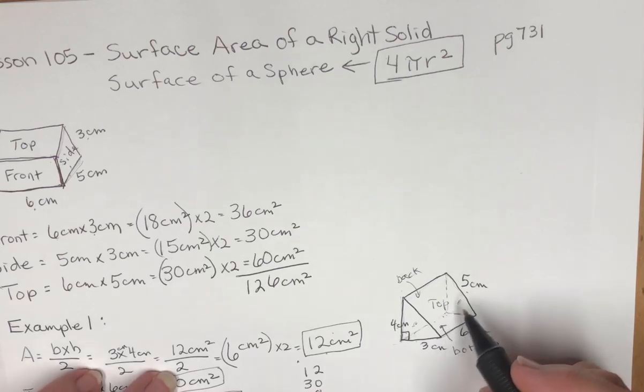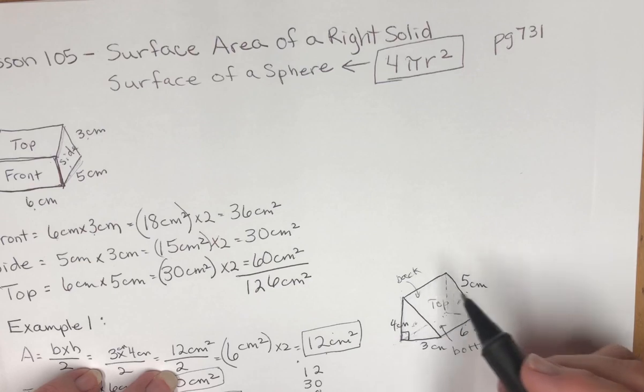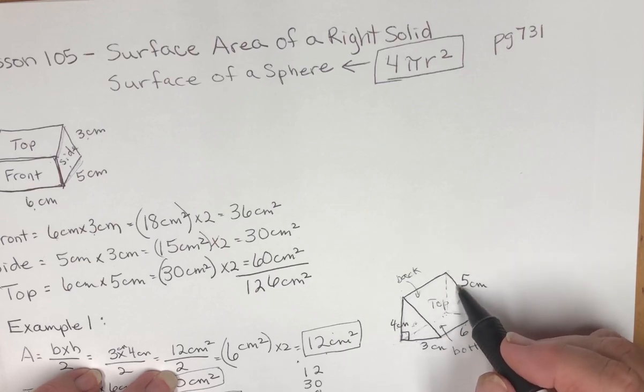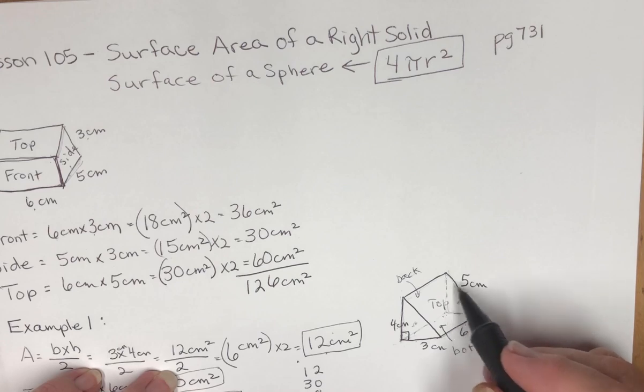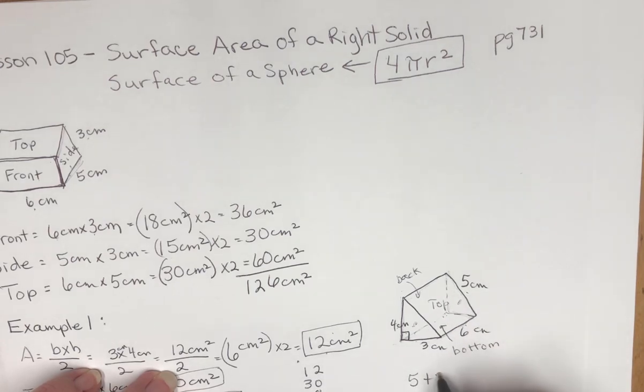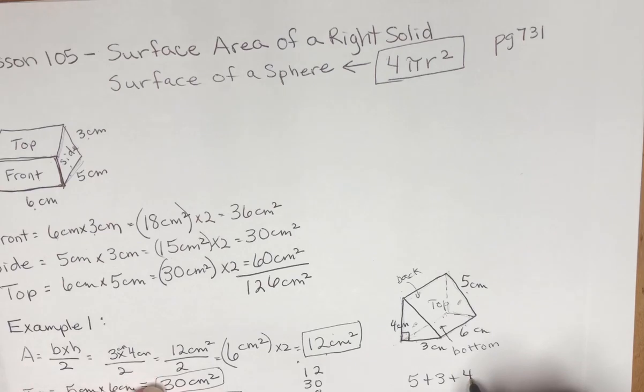Okay, so if we looked at the perimeter, it would be 5 plus 3 plus 4, which is going to equal 12 centimeters.